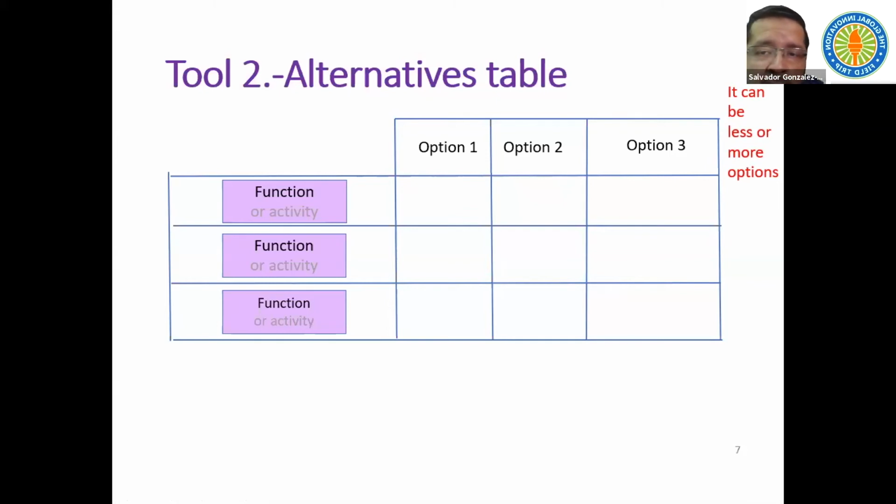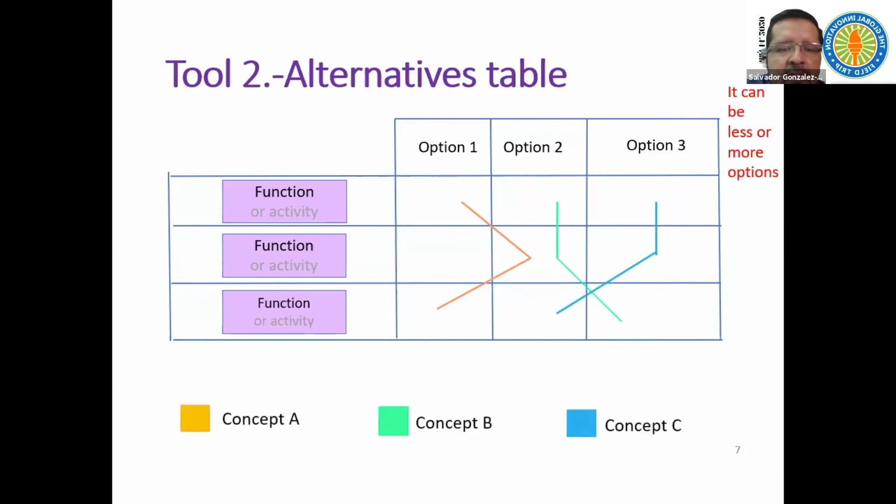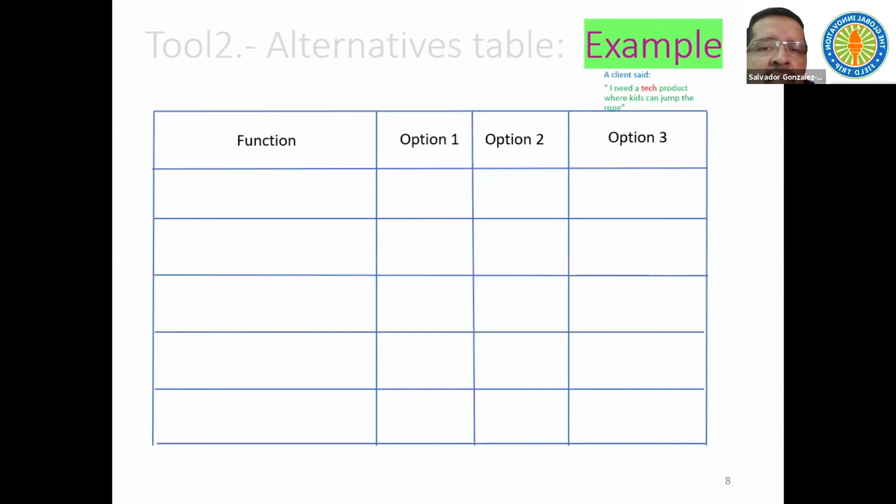It must not necessarily be 3. And then we will choose one option for each function in order to form the so-called concepts. In this case, if I make the lines, I will have 3 concepts, as shown in the example that I mentioned.